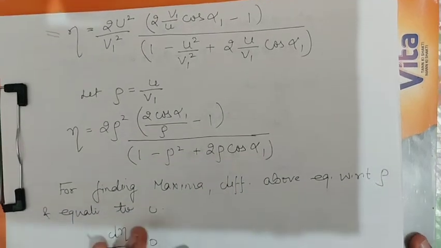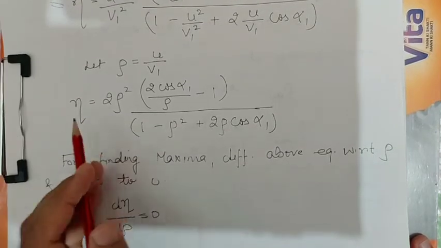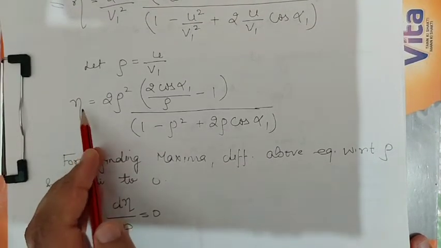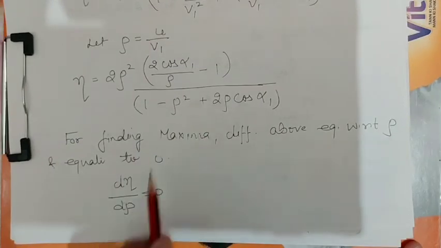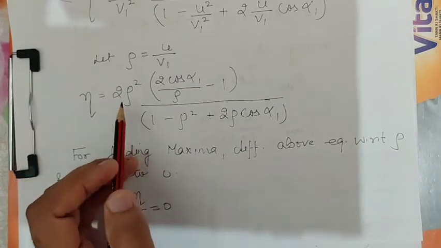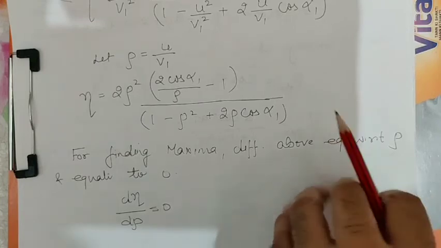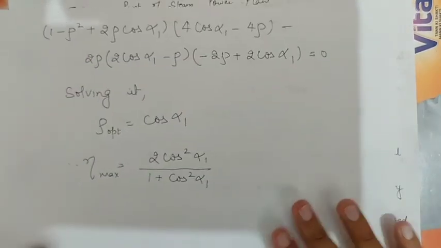To find the maximum efficiency, we have to differentiate this eta with respect to rho and put it equal to 0.